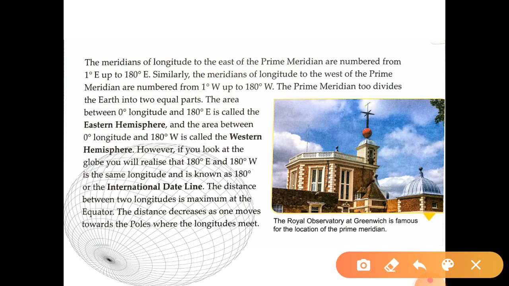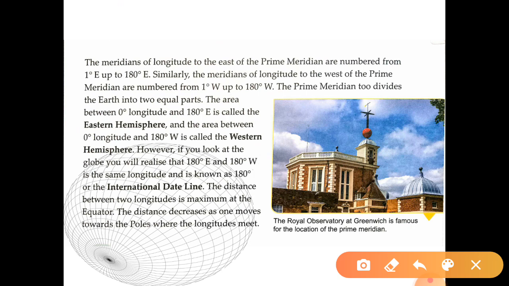Remember, what is the International Date Line? If you look at the globe, you will realize that 180 degrees east and 180 degrees west is the same longitude, known as 180 degrees or the International Date Line.